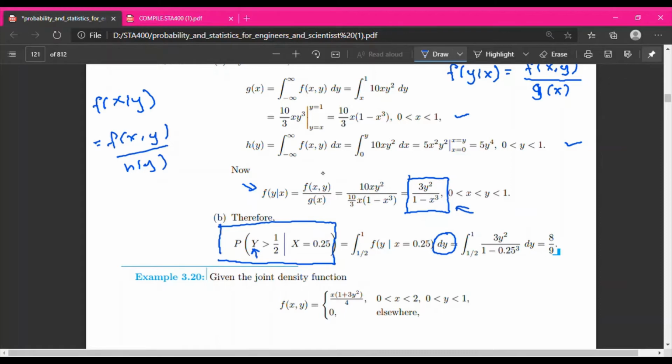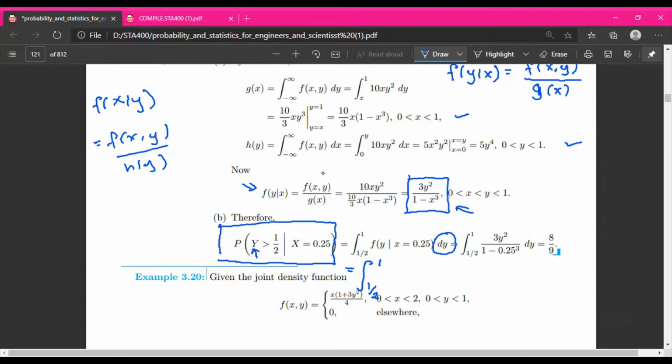But now for this example, because you want to find the probability of y given x, you have to integrate the conditional function of y given x with respect to y. Okay, sorry, not this one, this we have already done. We have to integrate this function. Let me write one more here.